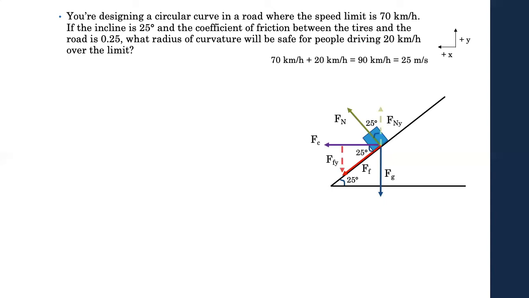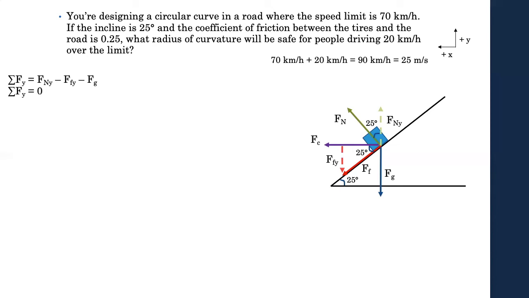So to do that, we're going to break our forces down into vertical components, the y components. And we're going to look at the sum of vertical forces acting on the car. And since I declared up as positive, we have the normal force in the y direction, subtracting the force of friction in the y direction, and also subtracting the force of gravity.